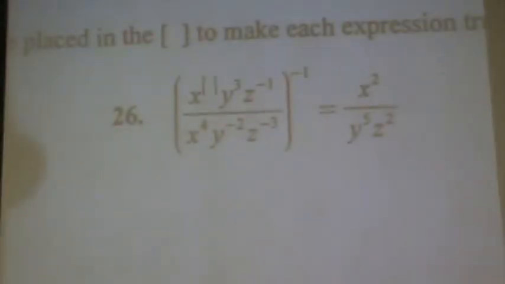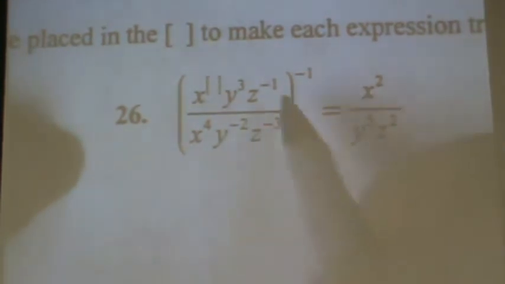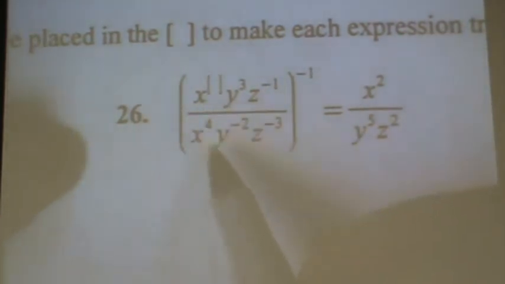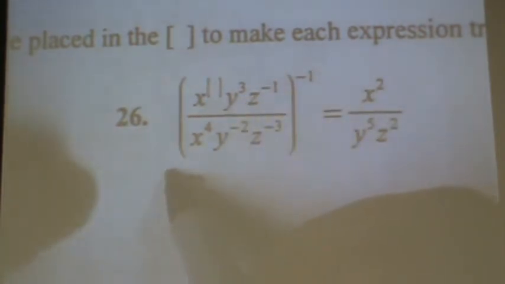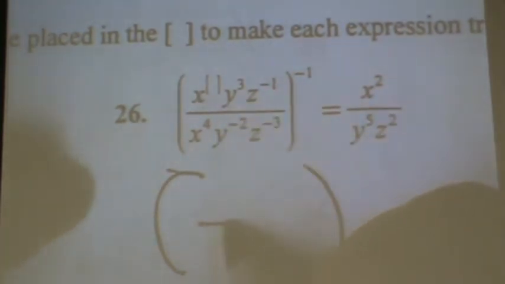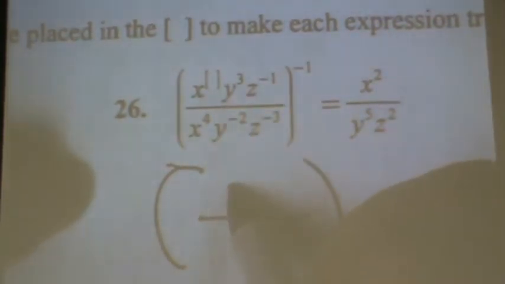Okay? And the last problem, you'll do the same way. I would flip-flop these, because you have a negative 1 exponent. And now what you could do, because you're really looking at the x's, that's the only thing you want to, because if you brought this up here, you have y to the 5th power.